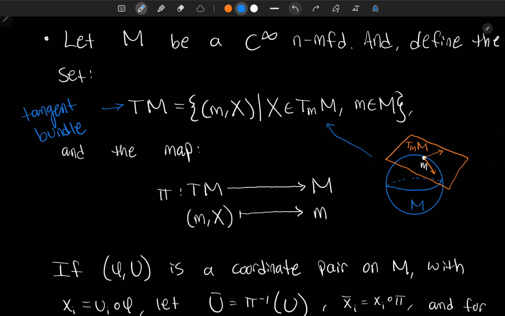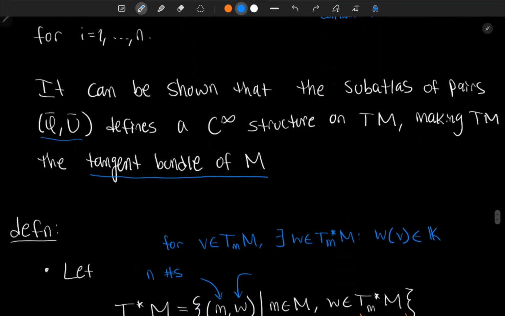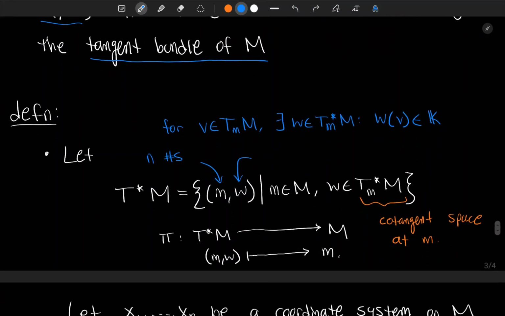But in either case, it is an element of the tangent space at m. And we know that the dimension of the tangent space and the dimension of the cotangent space are both the dimension of M. So here we need another n numbers to define w.